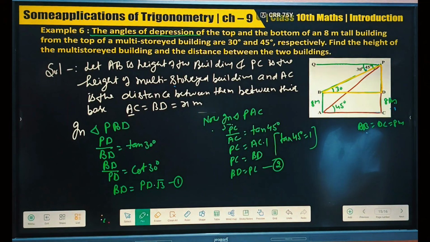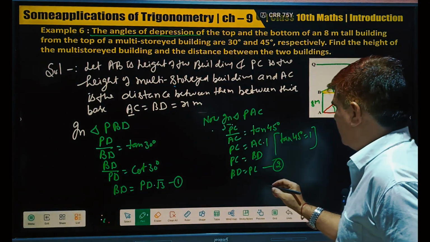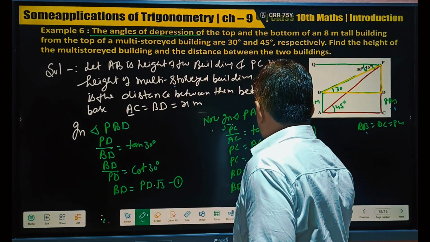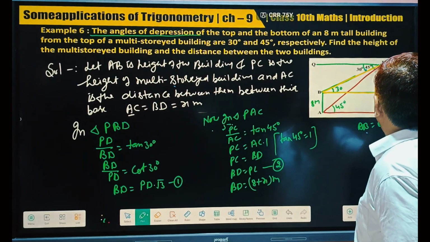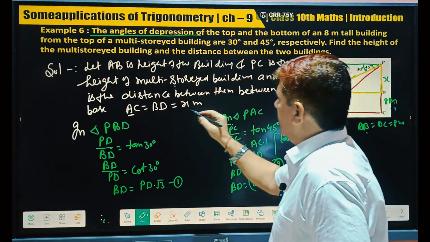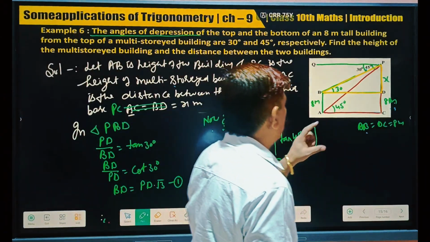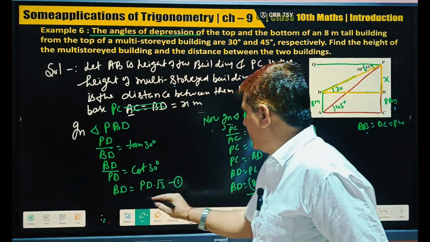PC we can take, BD equal to 8 plus X meter. What have we taken X? PD equal to X meter. Write this note: PC equal to X meter we have taken. So BD equal to this and BD equal to this.